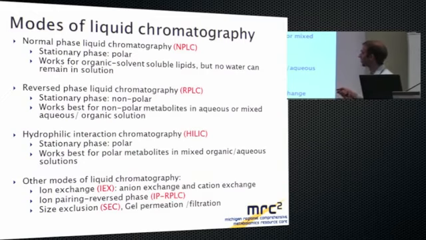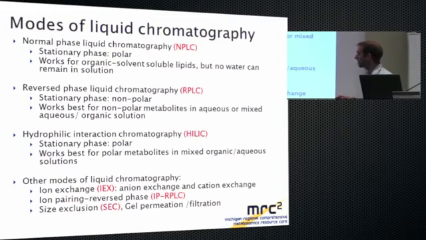It typically works for organic solvent-soluble lipids, but you can't have any water present in your sample, so it's not frequently used for metabolomics. Reverse phase liquid chromatography, abbreviated RPLC, uses a nonpolar stationary phase, and it works best for nonpolar to semipolar metabolites in an aqueous or a mixed aqueous organic sort of matrix. So this is fairly commonly used in metabolomics.